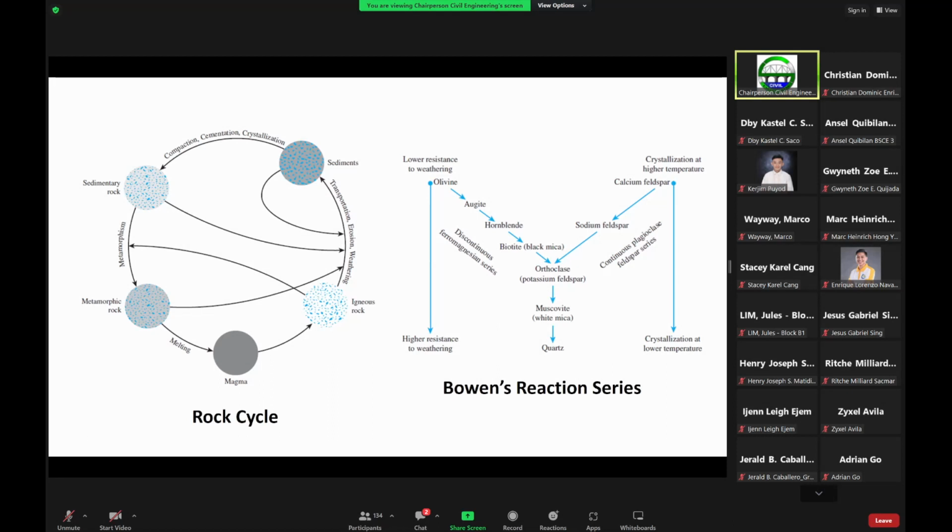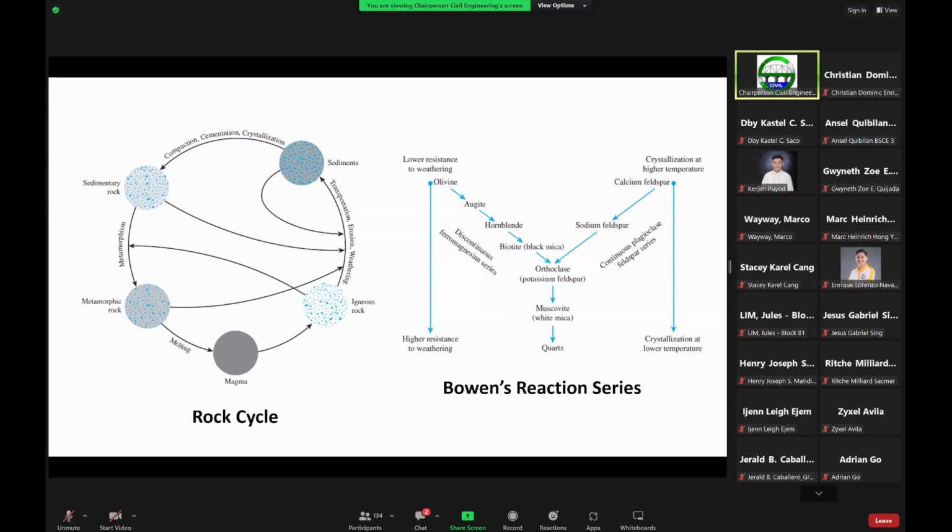The rock cycle: from magma to an igneous rock, to sediments, to sedimentary rock, and to metamorphic rock. But sometimes igneous rocks will become metamorphic rocks, and so on. There will be a shortcut in the process, depending on the behavior that's happening within these rocks.